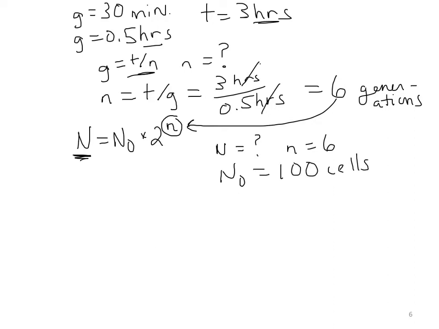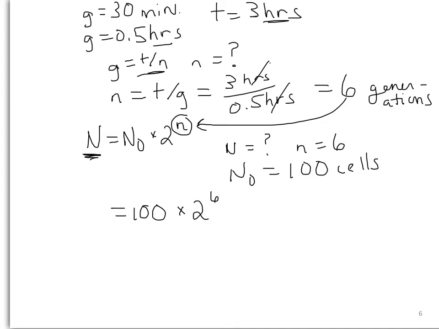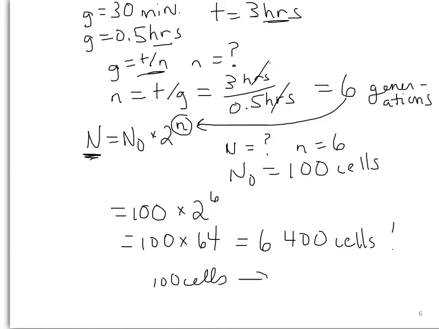Okay, so we can set this up as 100 times 2 to the 6. That equals 100 times 64. I use my calculator to calculate 2 to the 6, which is 64, so that's 6,400 cells. Wow, we've gone in 3 hours from 100 cells to 6,400 cells.